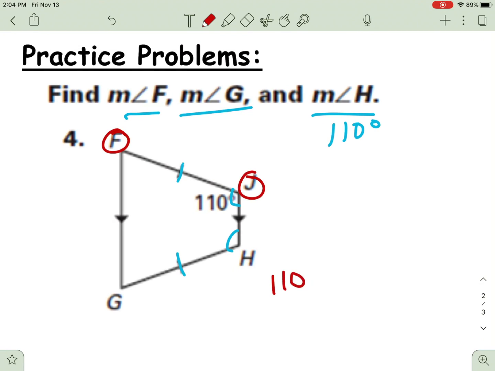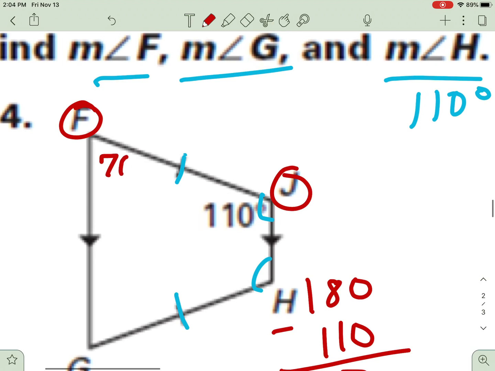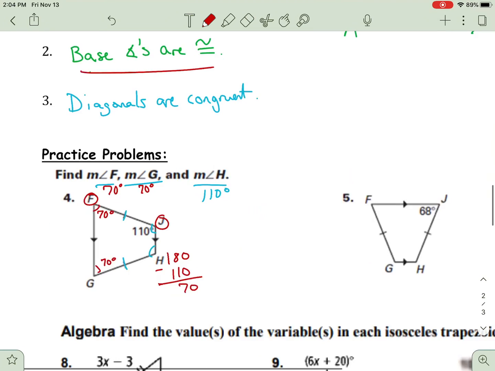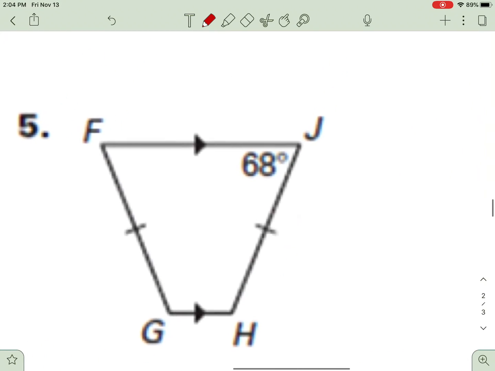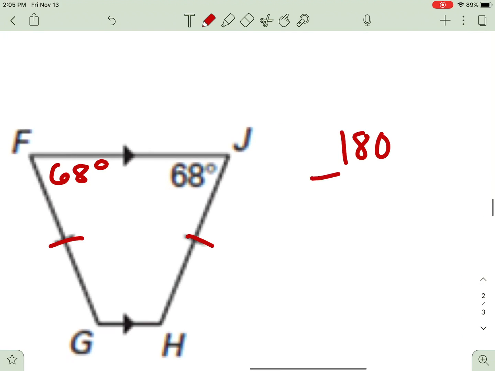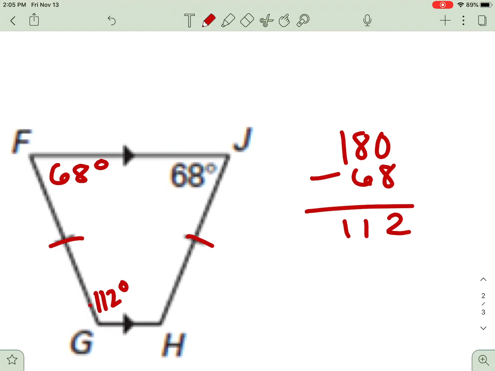So 180 minus 110 gives us 70. So these are 70 degrees. And again, this one's congruent to this one, so this is also 70 degrees. So 70 and 70 degrees. Okay? Same thing here. It's an isosceles trapezoid, so that means this is 68 degrees. And 180 minus 68 gives you 112 degrees, which is what these are.